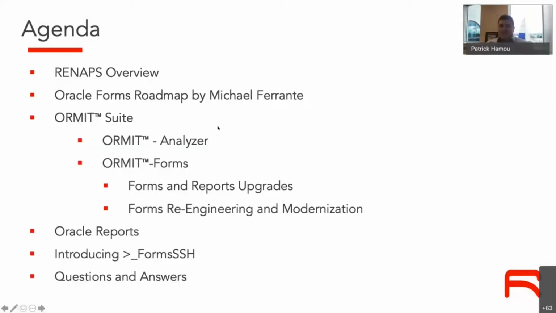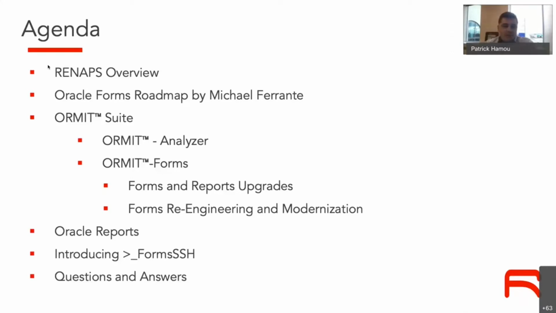Excellent. In terms of our agenda today, a quick first overview about RENAPS and Forms, our history. From there, we'll go to Mike's presentation covering the Oracle Forms roadmap, what we have in Forms and what's coming in the new versions of Forms.